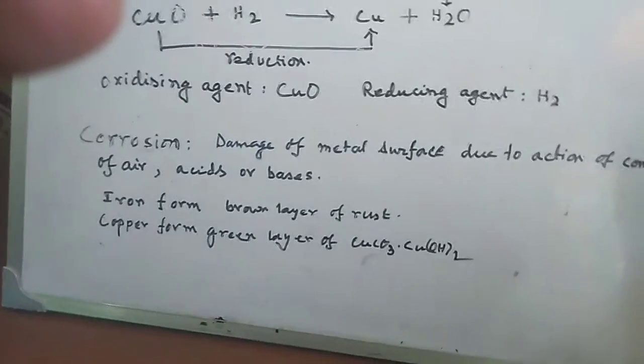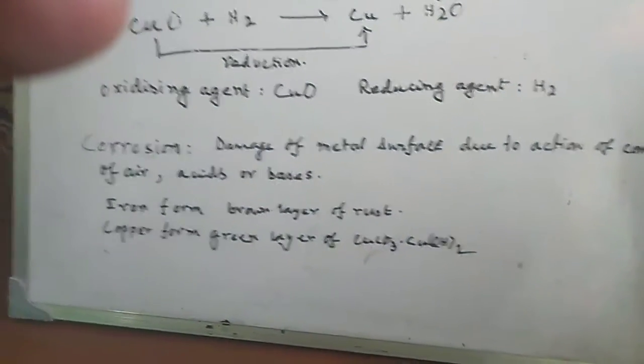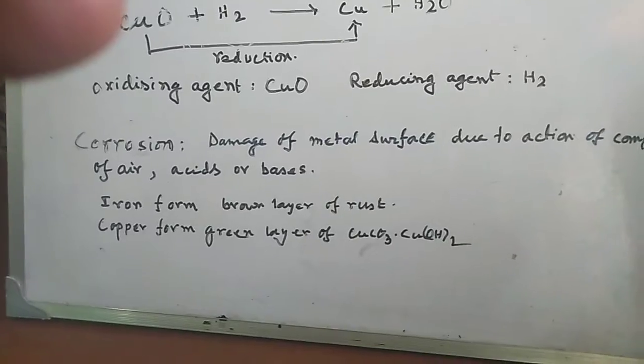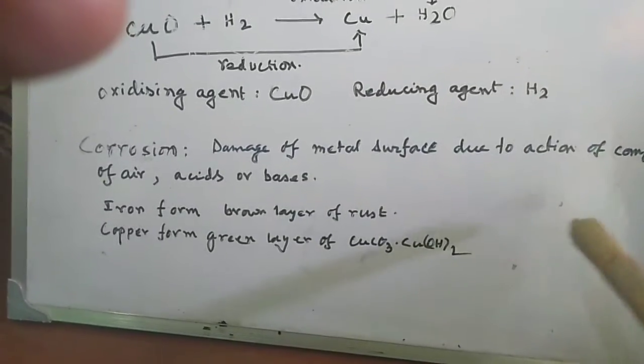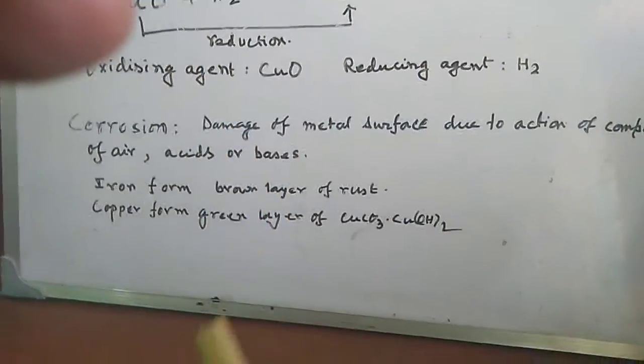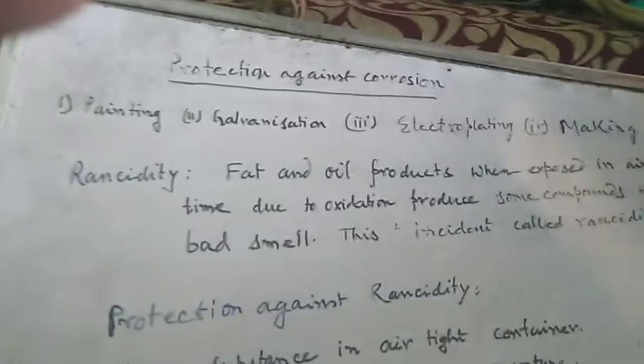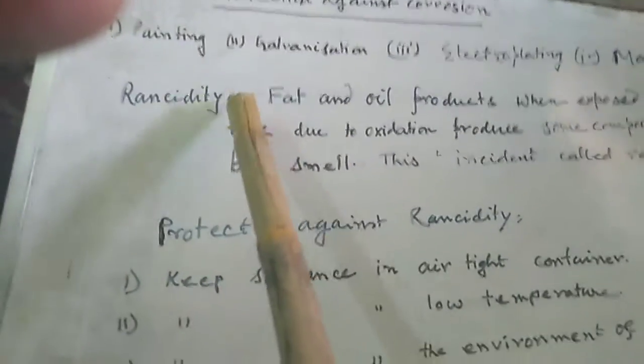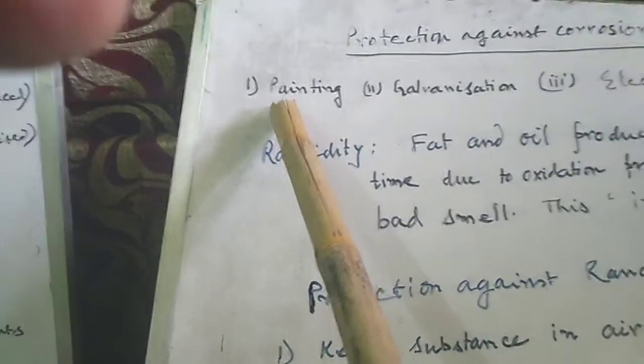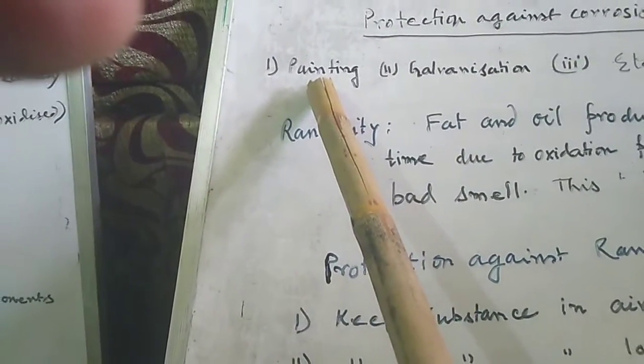Many metals undergo this corrosion due to the action of components of air. To protect against corrosion, what measures can we take? First is painting. We can paint the iron article or any article.